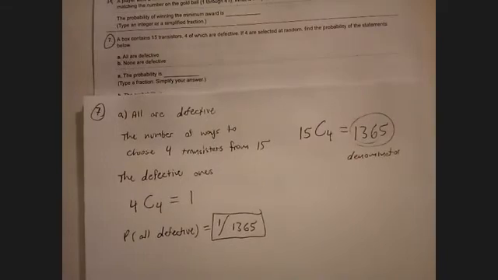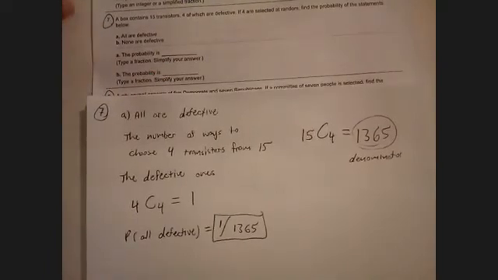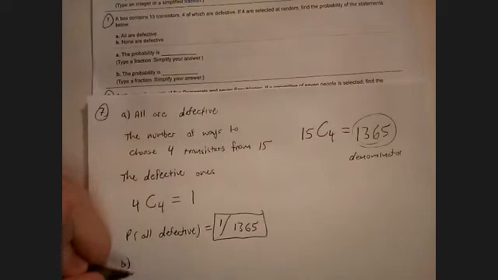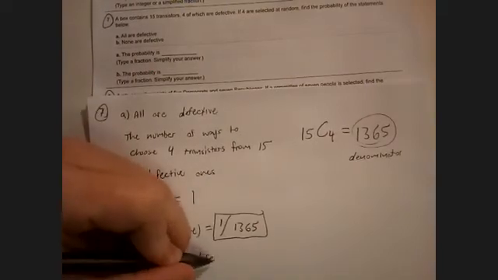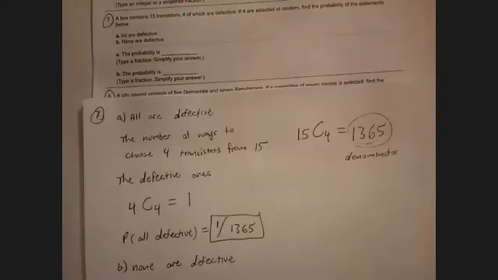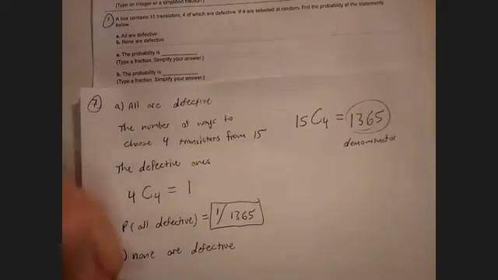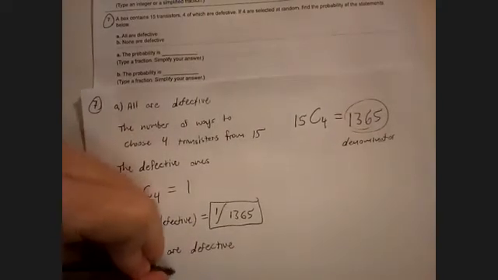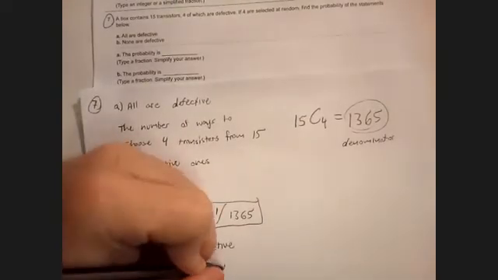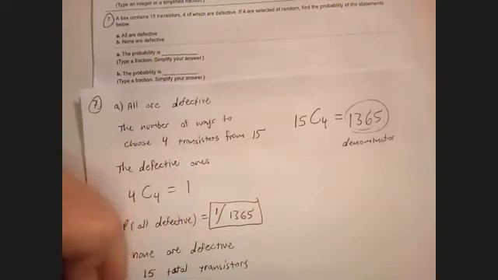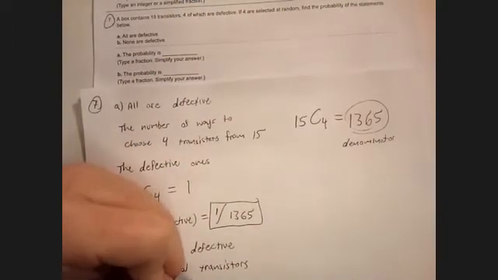On part B, we only want good ones, or ones that are not defective. So none are defective. What we have to do is take our total transistors and subtract off the 4 defective transistors.